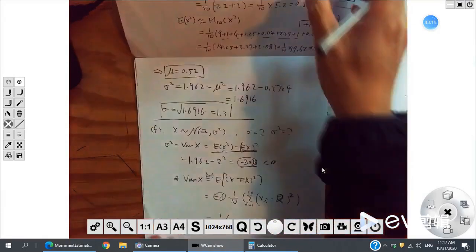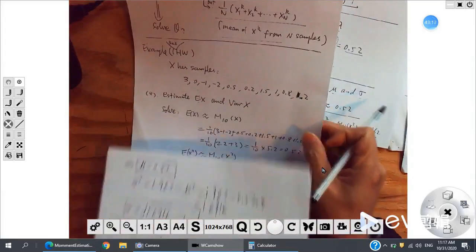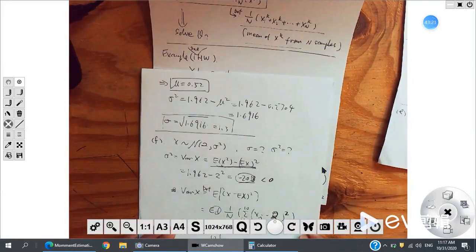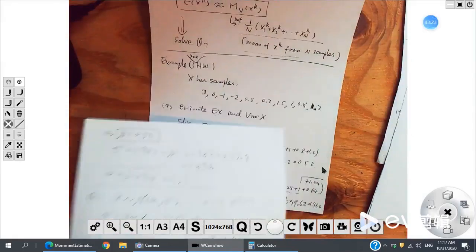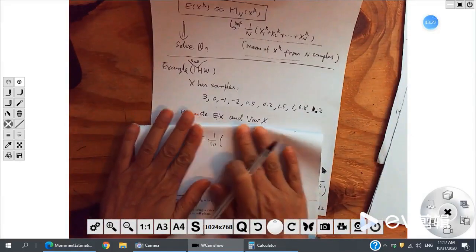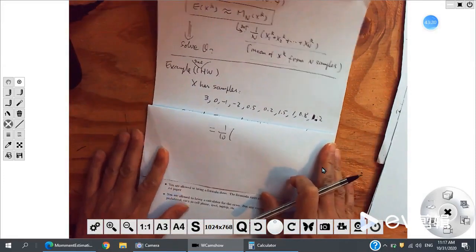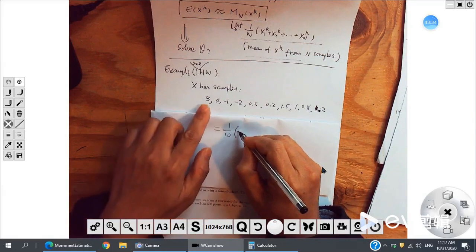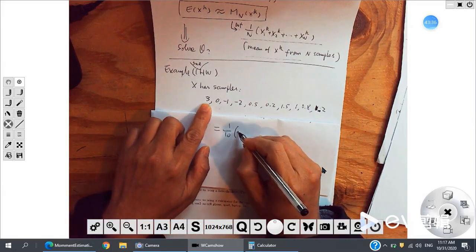What are the data? Data are here. Each one minus 2, take the square. So 3 minus 2 squared is 1.